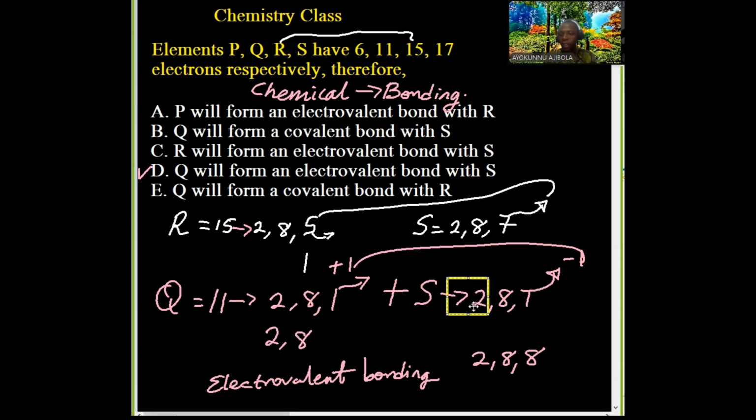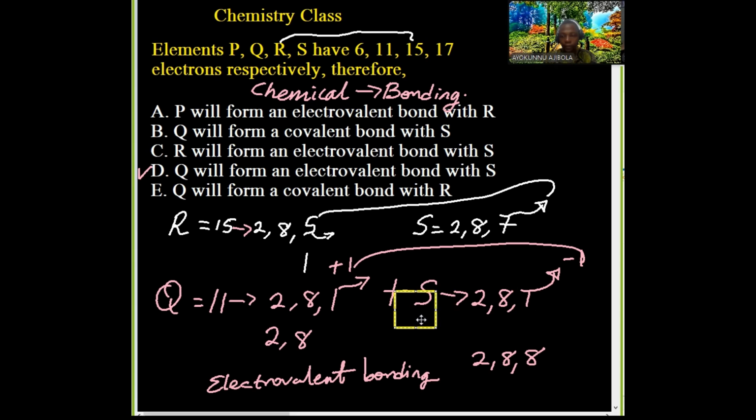And if there is any other information you want to know about this, Q is an element in group 1 because of the 1 valency. And S is an element in group 7, and without a doubt, Q is sodium and S is chlorine. Is that clear?